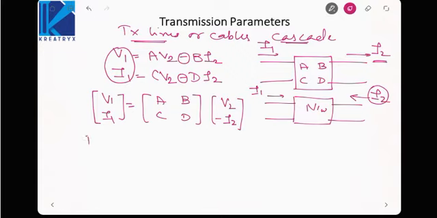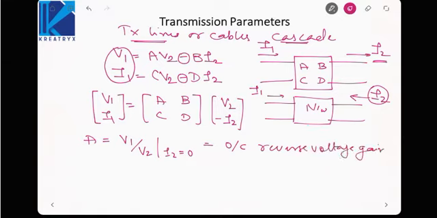Now if you want to find A, it will be V1 by V2 given that I2 equal to 0. That is the open circuit reverse voltage gain. Why reverse gain? Because it is input voltage by output voltage. Or it can also be said to be the open circuit voltage ratio, because it is the ratio of two voltages. Then B will be equal to V1 by minus I2 provided that V2 equal to 0.